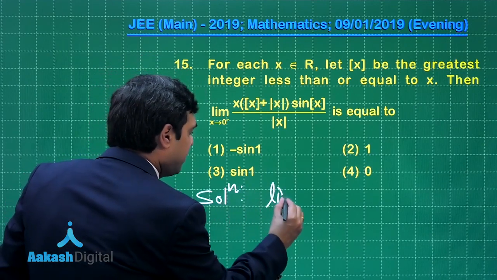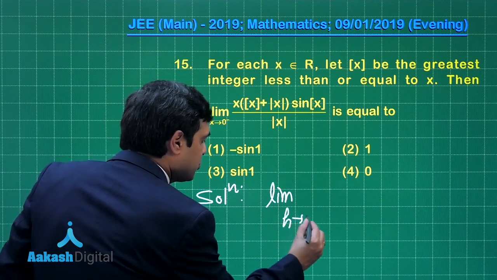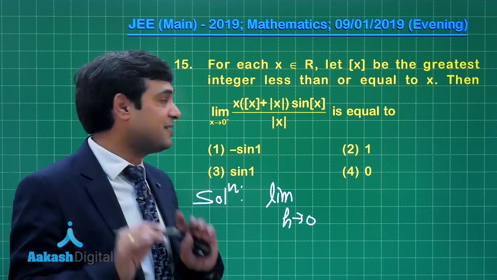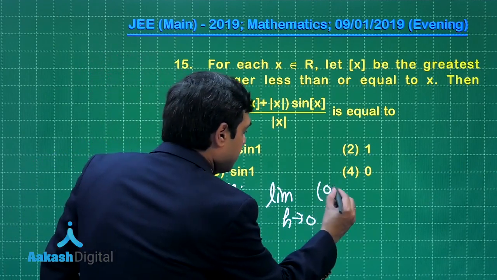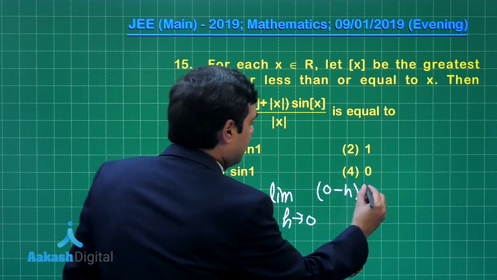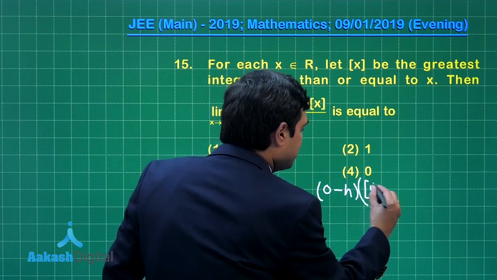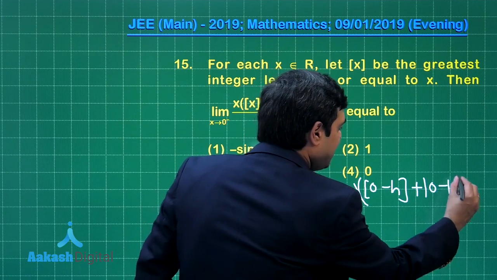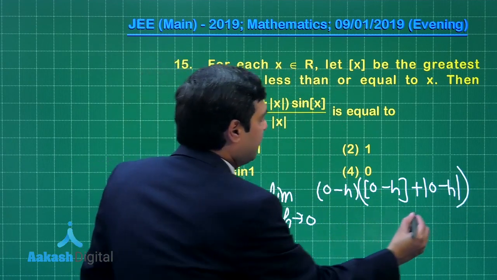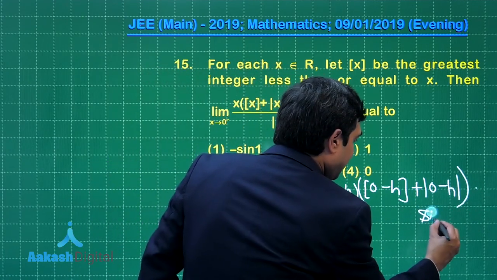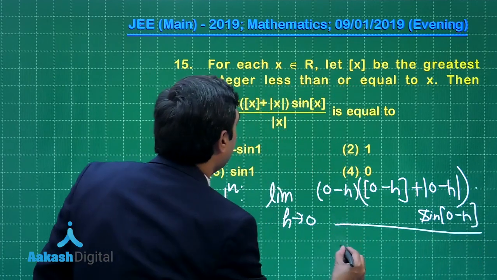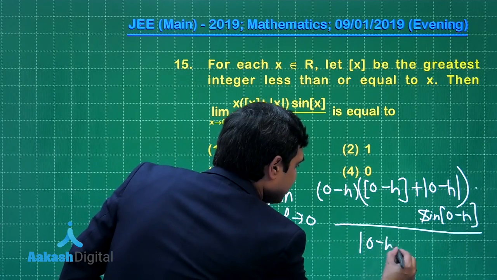We can write limit h approaching 0, where h is a positive number. So I am replacing x with 0 minus h: (0 minus h)[0 minus h] plus mod of (0 minus h) multiplied with sine [0 minus h], divided by mod of (0 minus h).